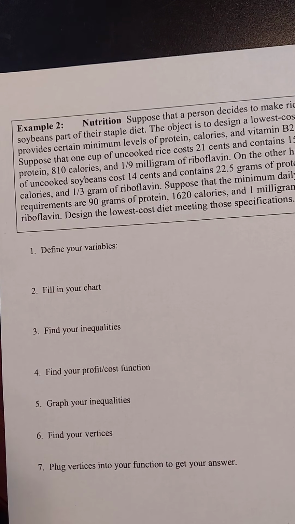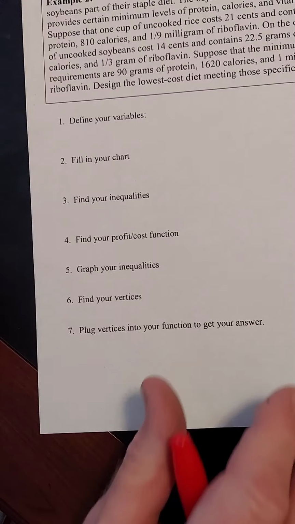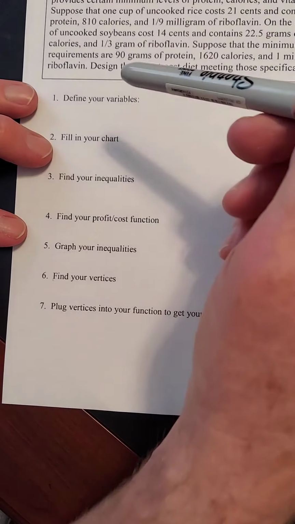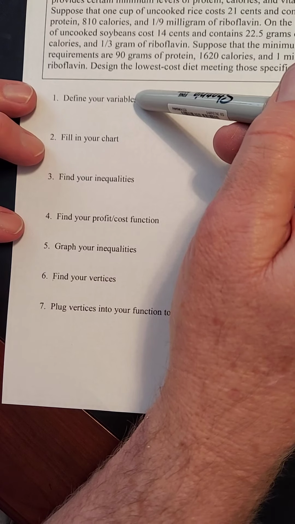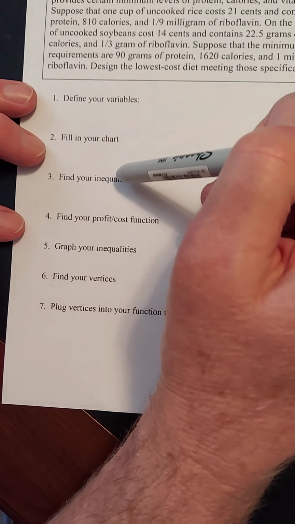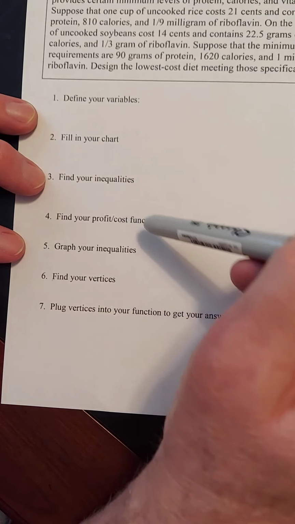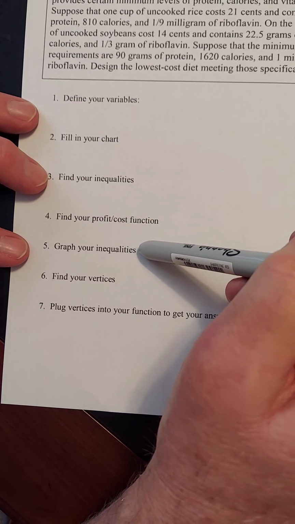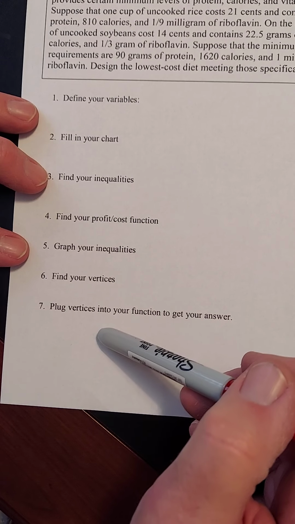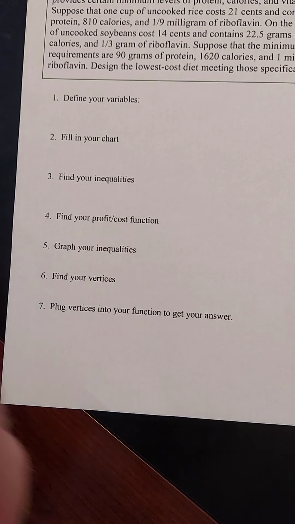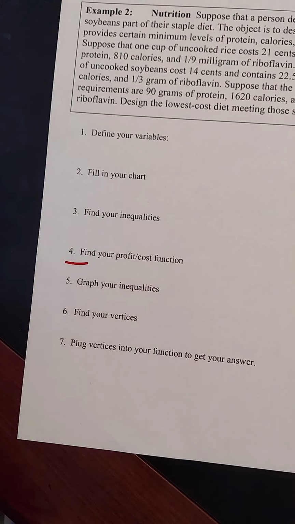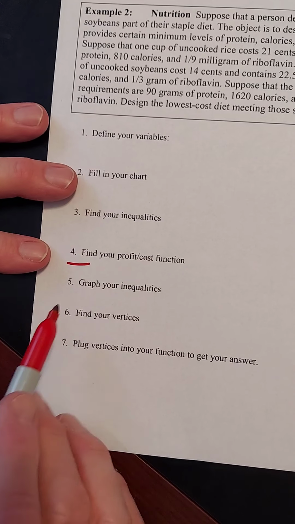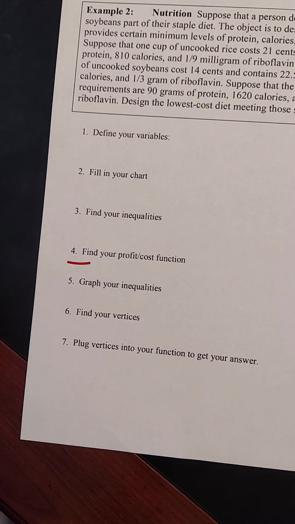Okay, so what are we going to do? Well, if you'll remember, I gave you 7 things to do. You want to define your variables, fill in your chart, find your inequalities, find your profit cost function, graph the inequalities, find your vertices, and then plug them in. So the first 4 we did in section 3.2, and then these 3 are what's added on, but it's one big long problem.